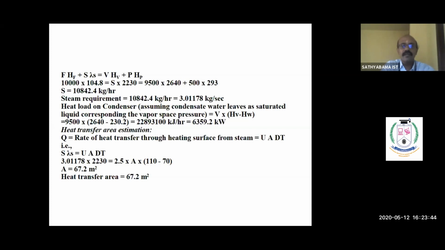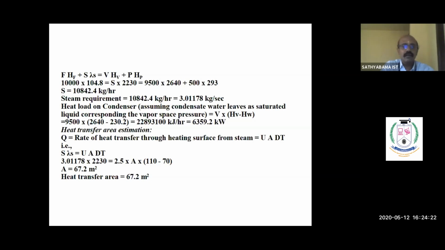So coming to the heat transfer area estimation, S lambda S is equal to UA delta T. So S is 3.01178 kg/s into lambda S, which is 2230, equal to the overall heat transfer coefficient, 2500 W/m² K, that is 2.5 kW/m² K, into area into (110 minus 70). 110 is the steam temperature, minus the liquor temperature of 70 degrees centigrade, which is 55 plus 15, that is TL temperature.